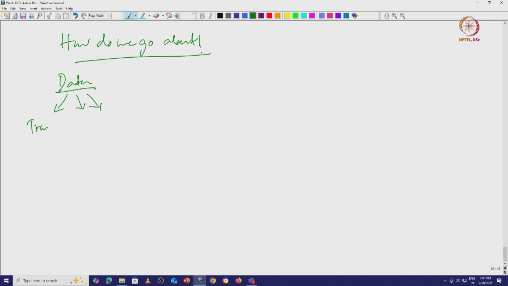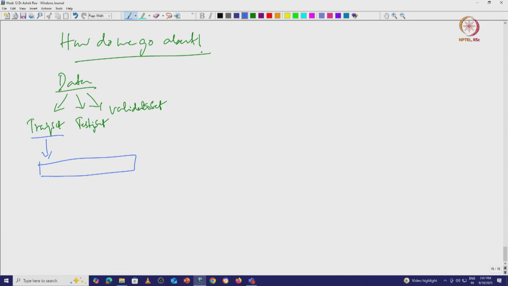It is called training set, testing set and validation set. So, typically you have data, you break it x%, y%, z%. So, x plus y plus z is 1, which is your 100% data. You use x% data for training the classifier.